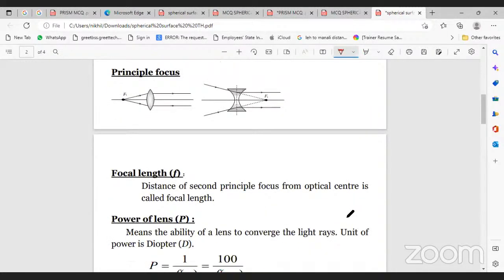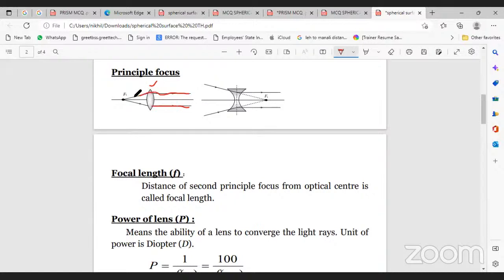Coming to the principal focus. Can you tell me what type of lens it is? It is a convex lens. The parallel rays are incident here.